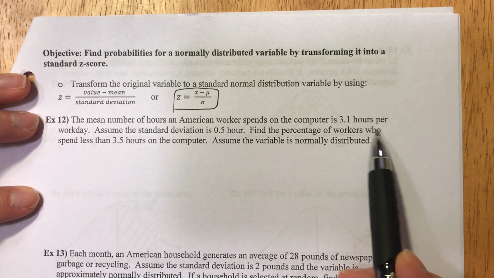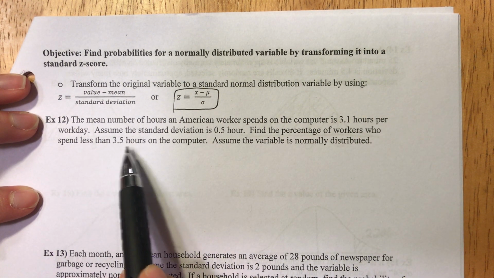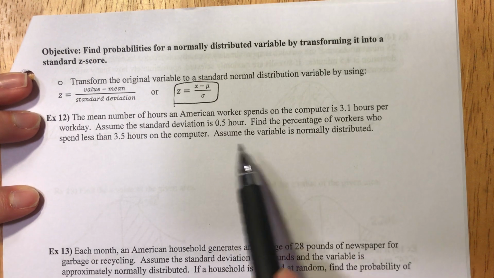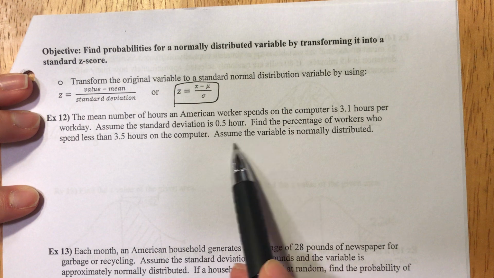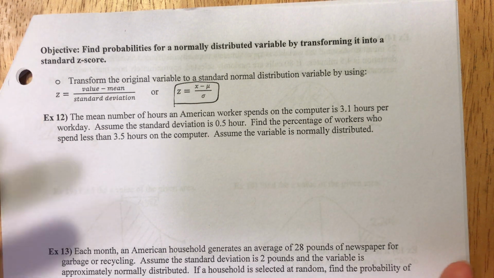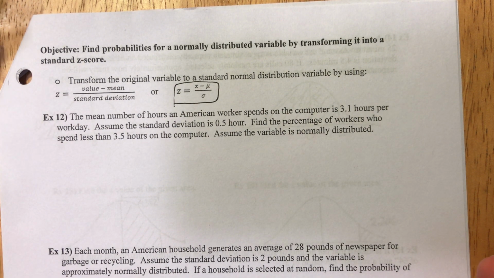So we want to find the percentage of workers who spend less than 3.5 hours on the computer. And this is important: we need to assume that the variable is normally distributed, because if we don't know that it's normal, then we can't use the normal curve.